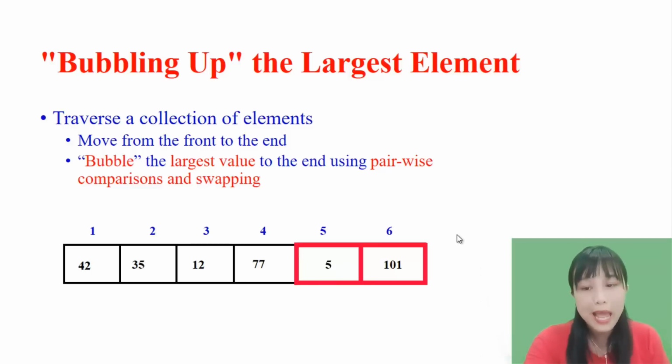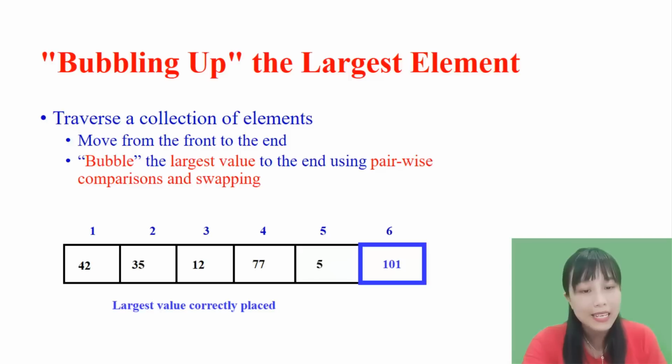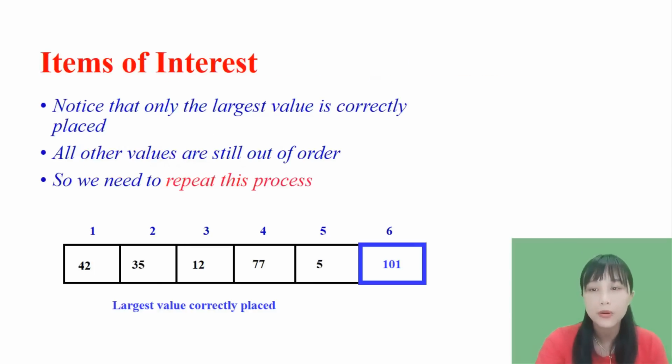The number 101 should be in the last position because it is the highest number. Now we have 101 in its right position. Notice that only the largest value is correctly placed. All other values are still out of order, so we need to repeat this process.